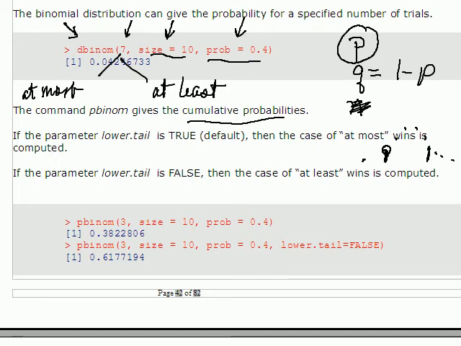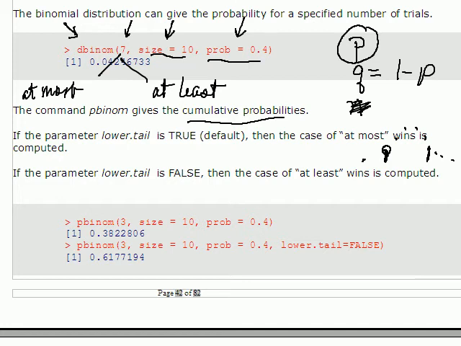If you recall from doing this by hand, for the at most, you would have to find the probability of 0, 1, 2, 3, 4, 5, 6, 7 and add them all up together. And for the at least, you could take that and subtract it from 1 and you would get the at least. So you'd have to do this calculation by hand with a bunch of additions.